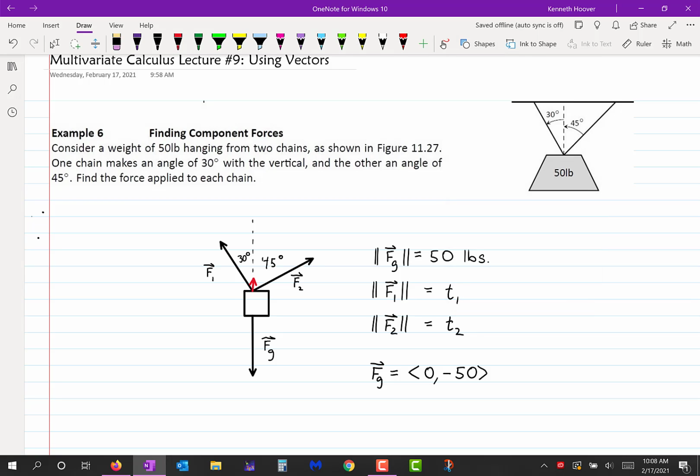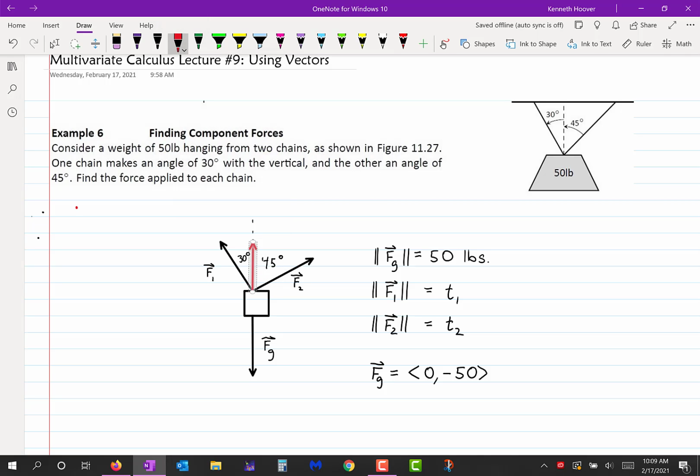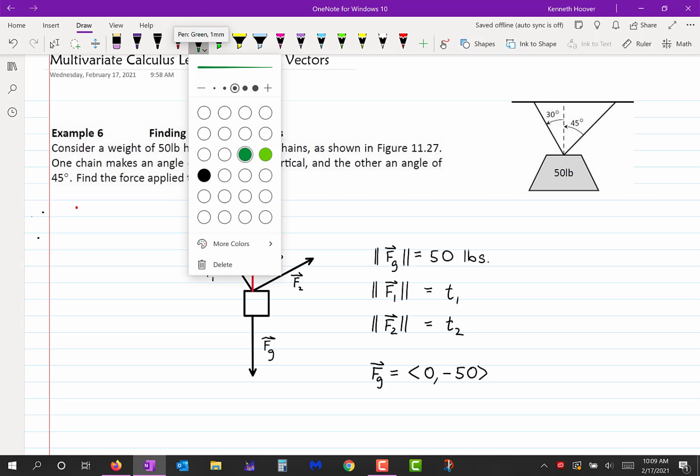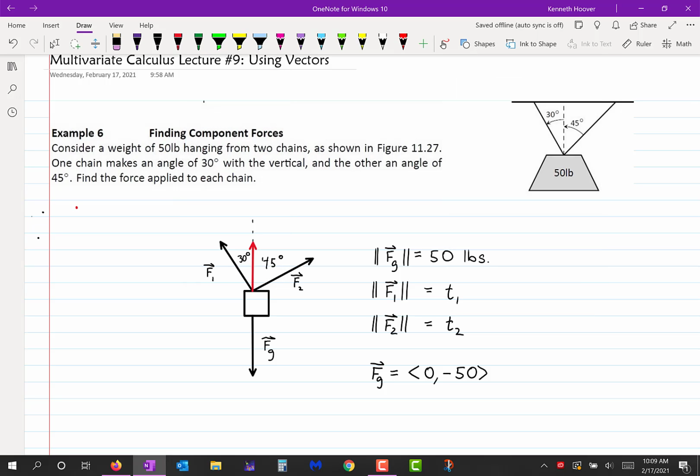Let's draw a vertical vector straight up to here, and a horizontal vector across here.